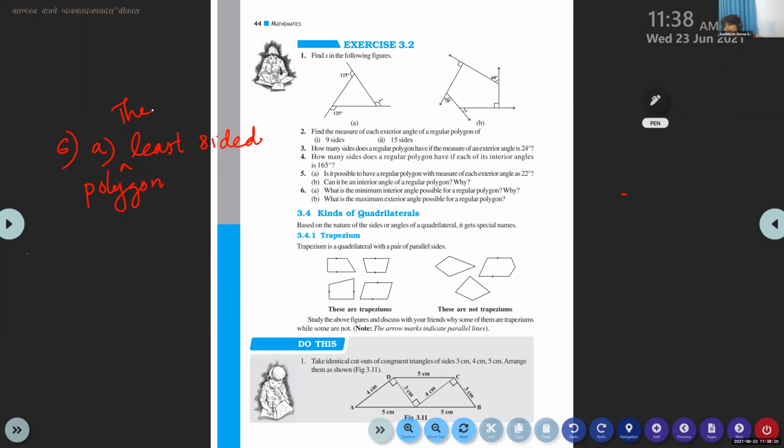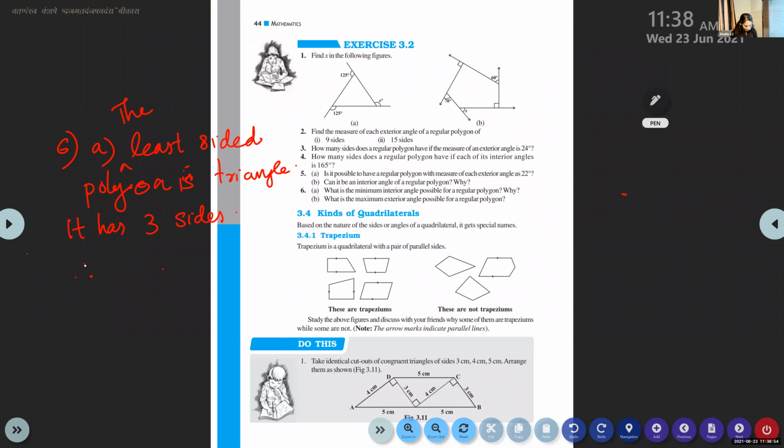It has three sides. Therefore, the least angle for a regular polygon is 60 degrees.